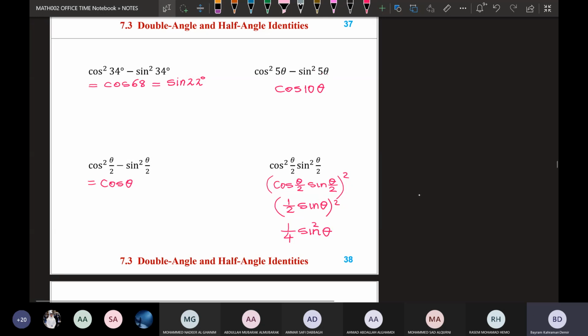Now let's remember, Shabab, cosine square of theta minus sine square of theta. What was that? It's a double angle formula of cosine, right? So it is cosine of double of 34. Double of 34 is 68.